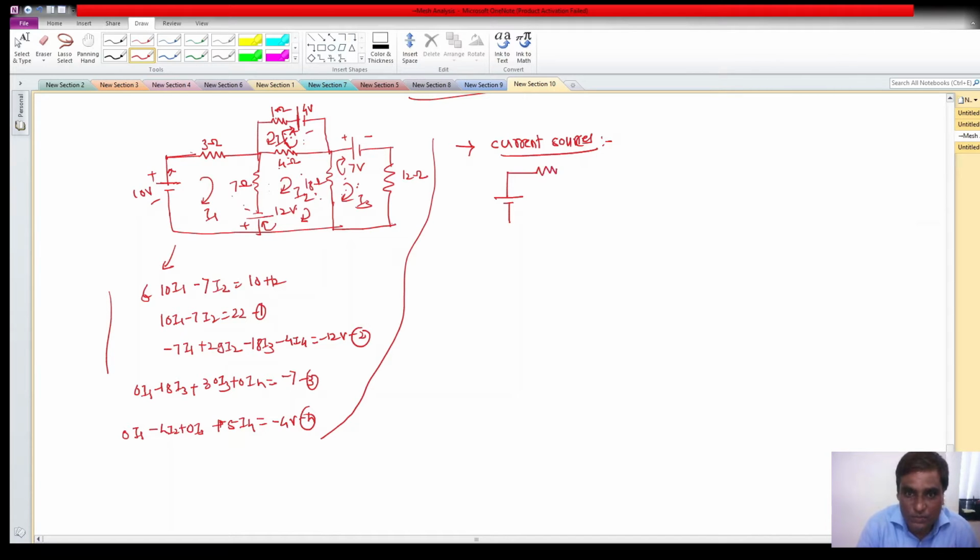So this is 4, this is suppose 6, and let us say this is 1, and now observe that there is one current source present in it. So it is 2 ampere. Suppose this is plus minus 10 volt, 4 ohm, 6 ohm, plus minus 5 volt.